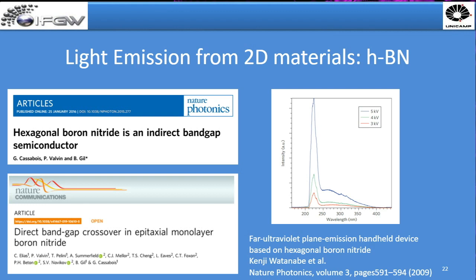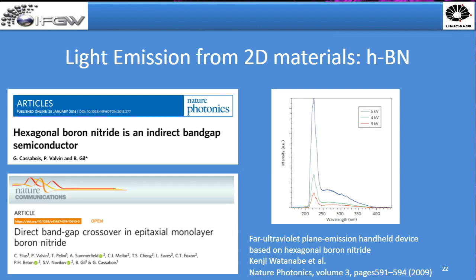And for many years, people thought that this is because there's a direct band gap, but since the gap is so high, close to 6, 7, or 8 eV depending on the model, it's very hard to measure the band gap. And recently, it was possible to show that it is in fact an indirect band gap in bulk form, which means that there must be some other reason for it to be such a bright emitter, even at ambient temperature.